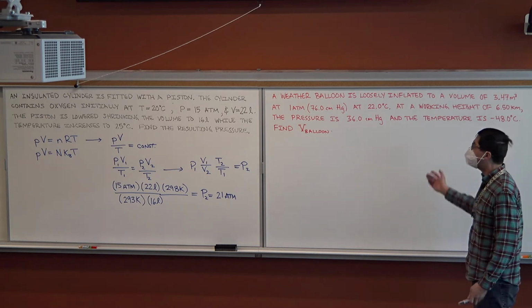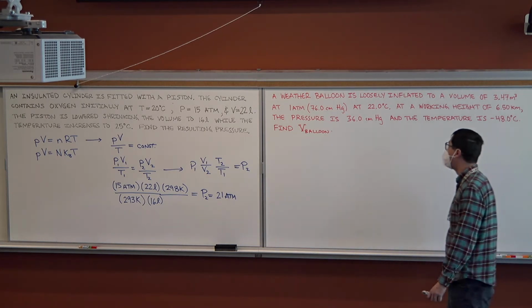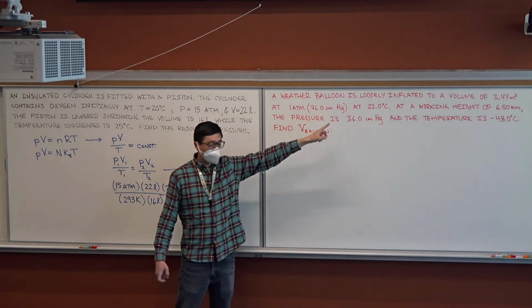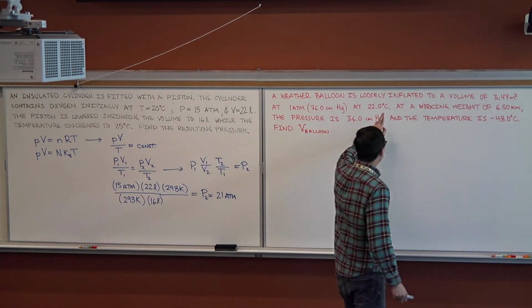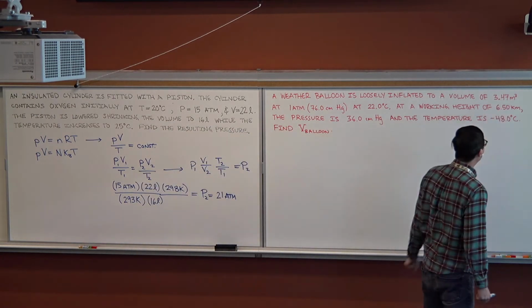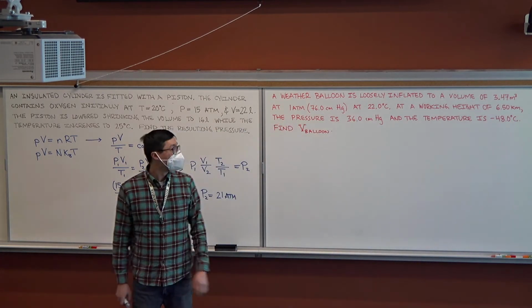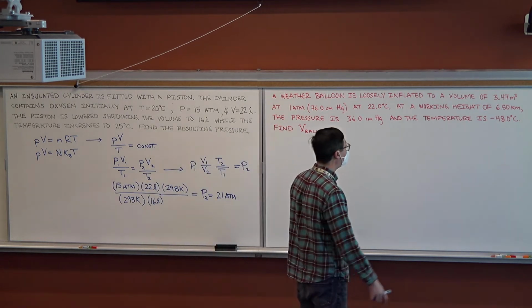In our second problem, we have a weather balloon that at sea level, at 1 atmosphere, about 76 centimeters of mercury, is inflated to a volume of 3.47 cubic meters and has a temperature of 22 Celsius. We're then going to let this thing lift off.